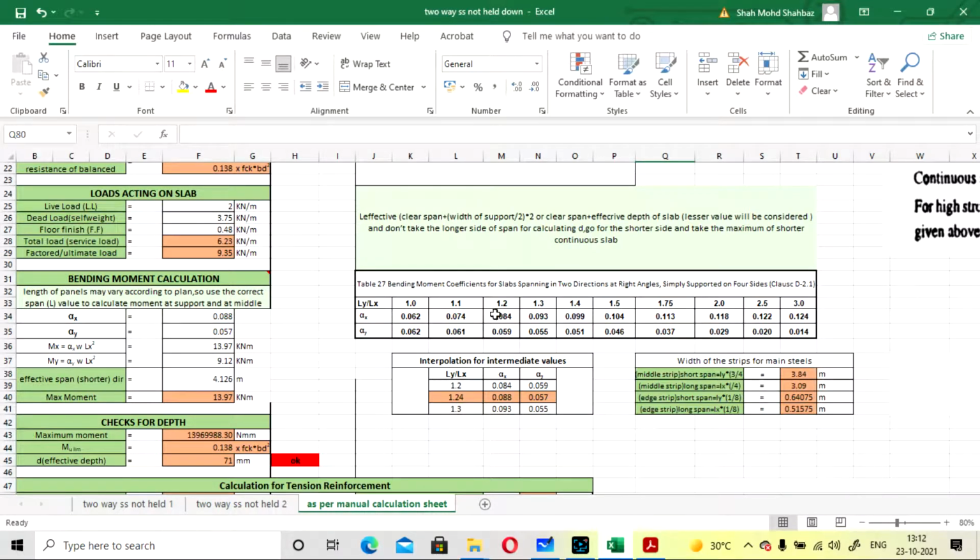For 1.2, alpha x will be 0.084 and alpha y was 0.059. Similarly for 1.3, alpha x is 0.093 and alpha y 0.055. So for the 1.24 Ly by Lx ratio, our alpha x is calculated as 0.088 and alpha y as 0.057.